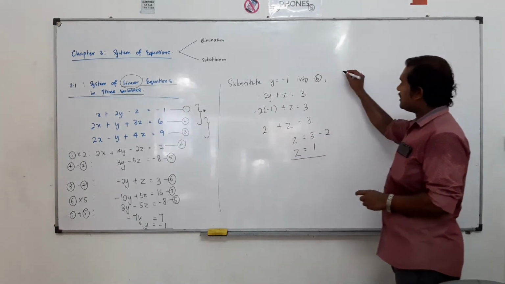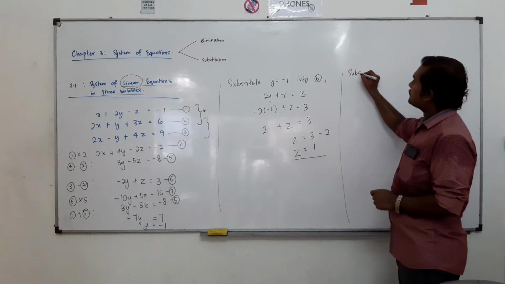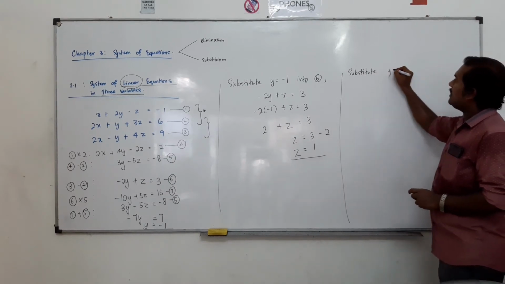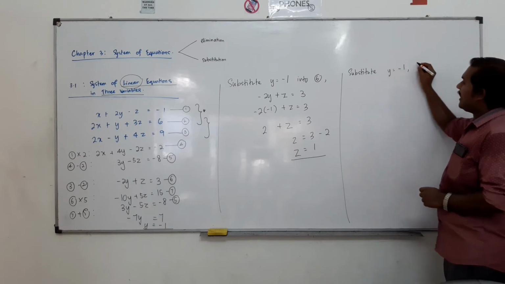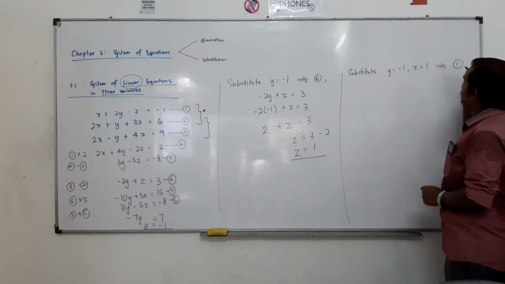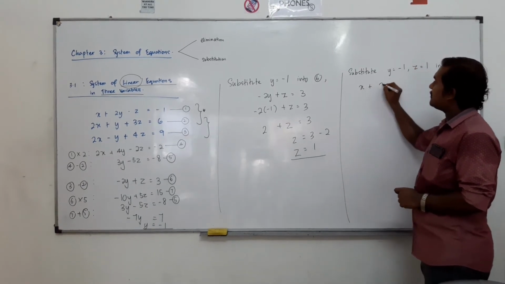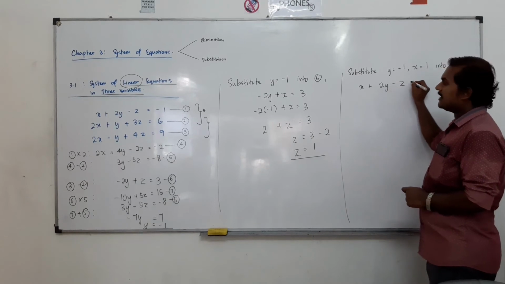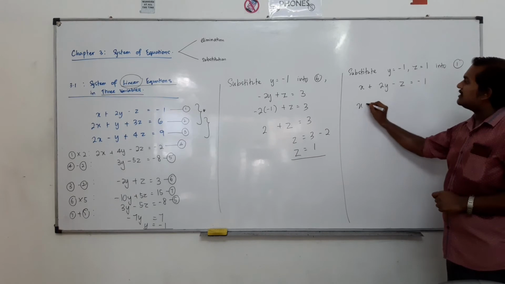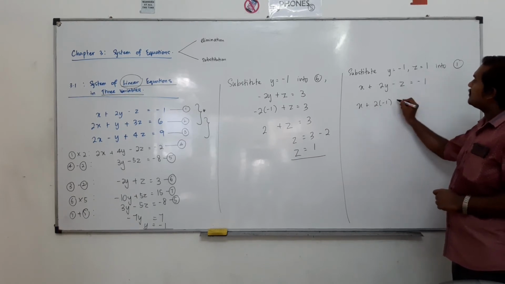Let's say I select equation 1 and substitute y equals negative 1 and z equals 1. My equation 1 is x plus 2y minus z equals negative 1. Since y is negative 1 and z is 1, I substitute them here.